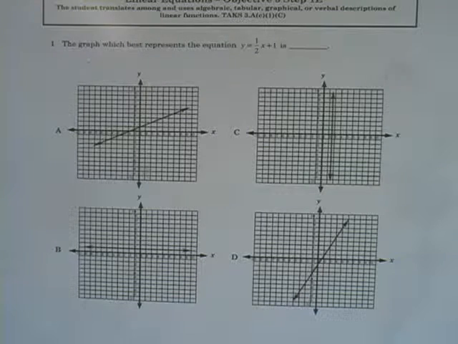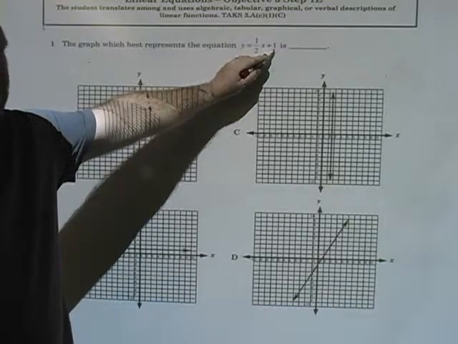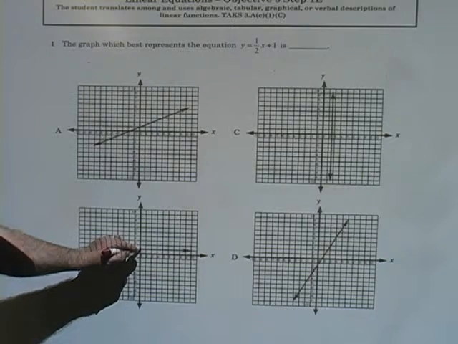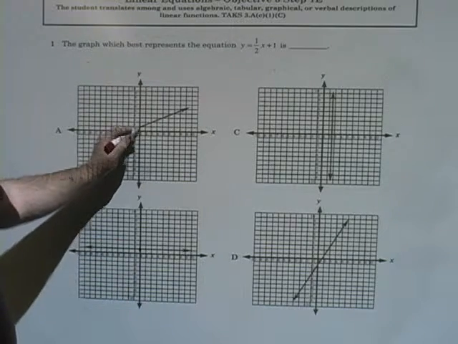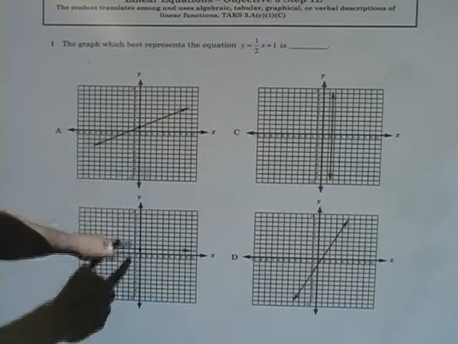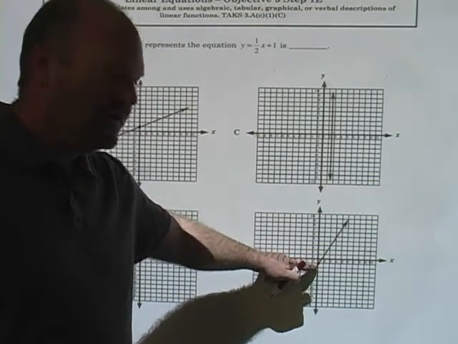Okay, y equals 1/2 x plus 1. Slope is 1/2. Y-intercept is 1. So the easiest thing to do is pick out your lines that have a y-intercept of 1. Looks like that one does. That one does. See, that's the y-intercept. This one has a y-intercept of -1.